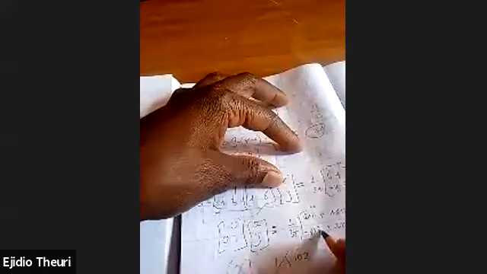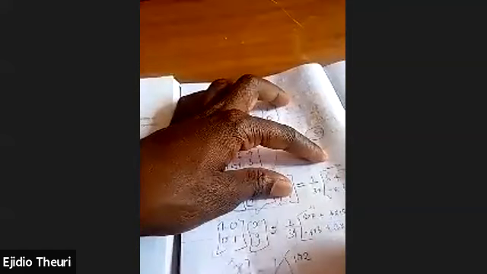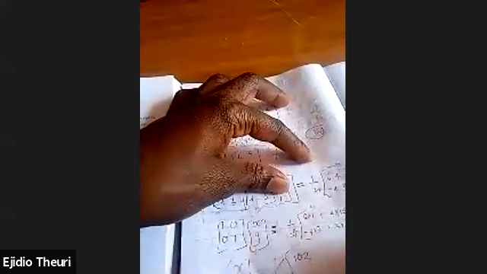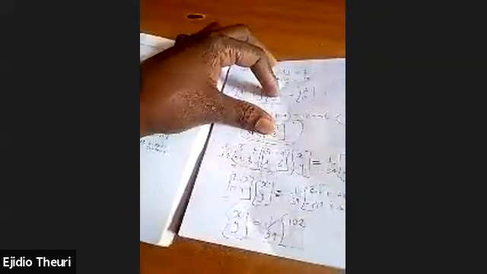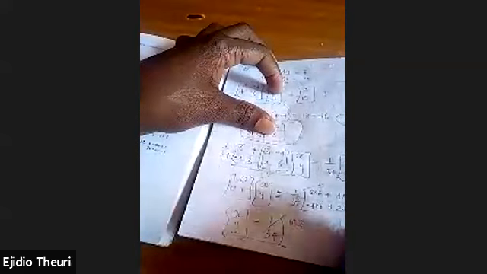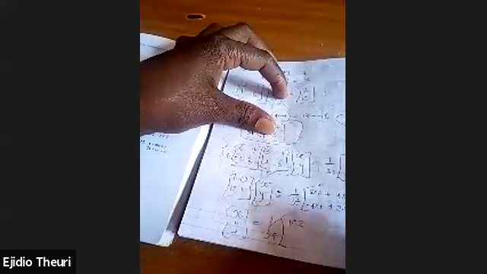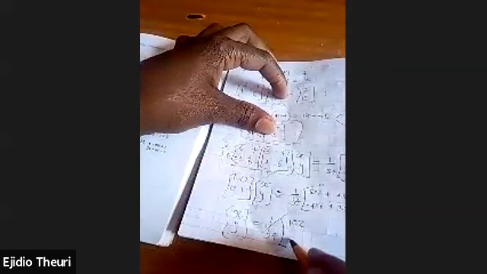Remember, we have -4 times 7 is -28 plus 3 times 15, 45. So it will be -28 plus 45, like 45 minus 28. So it will be 17.